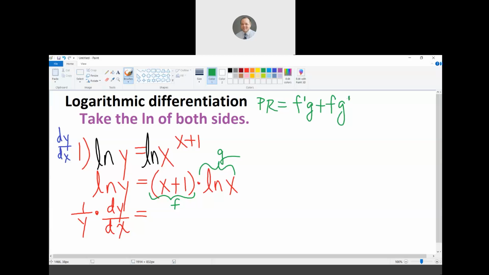The derivative of f, or derivative of x plus 1, times g, or natural log of x, plus f, x plus 1, times the derivative of g, or derivative of natural log x.